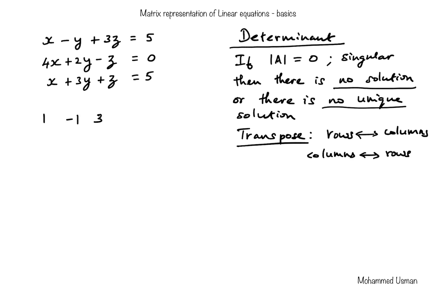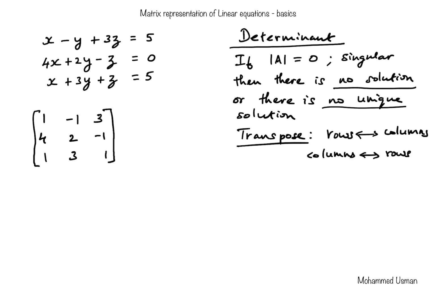So it's 1, -1, 3. Similarly, for the second equation, the coefficient of x is 4, for y it's 2, and that of z is -1. And the third equation has 1, 3, 1.